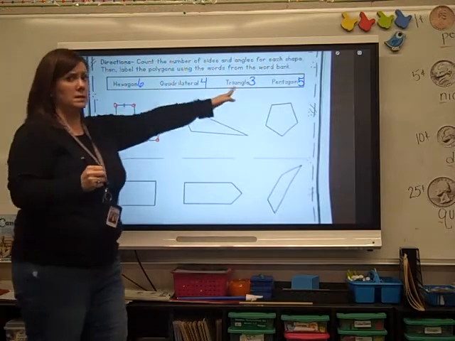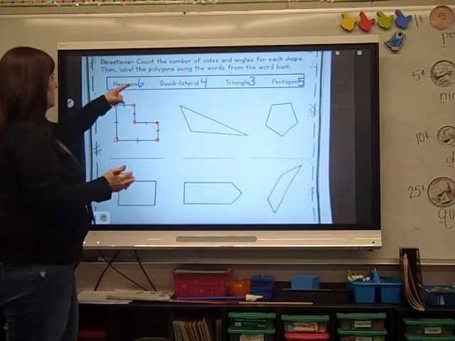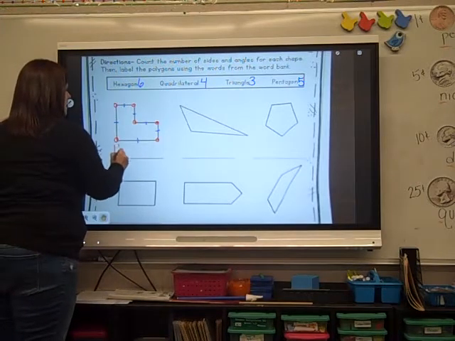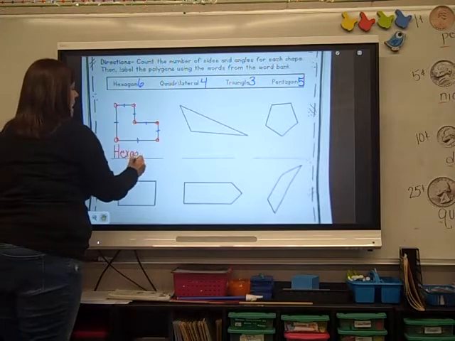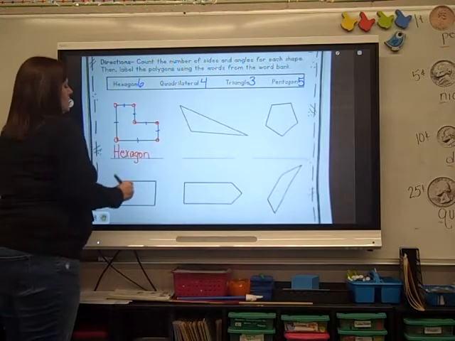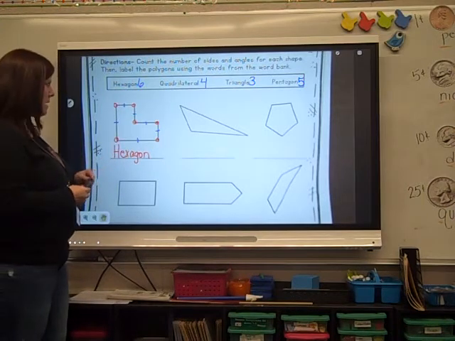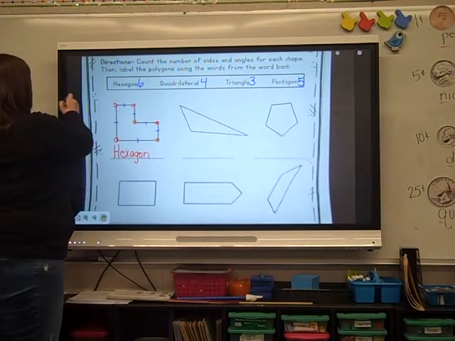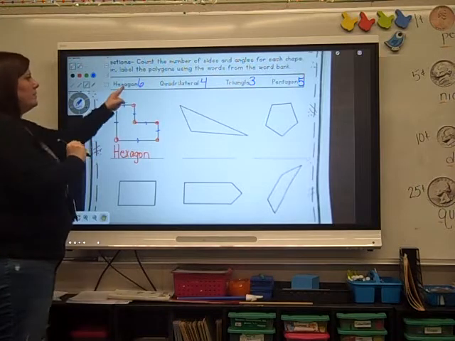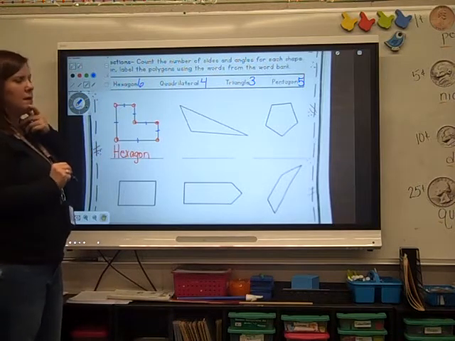Okay, so which one is it? Yeah, it's the hexagon. So you've got to label it. It's a hexagon because it has 6 sides and 6 angles. I'll give you a second to write that. Copy it from right up there on your paper if you can't see it on my board.